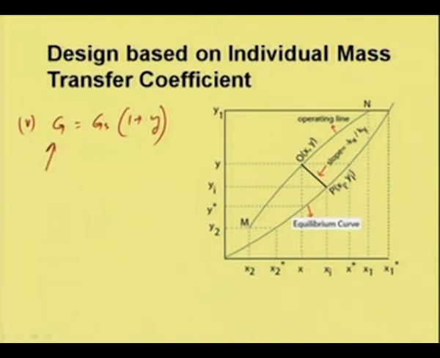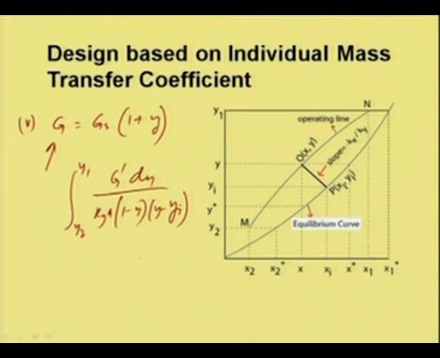We will come later to how to calculate the area under the integral, that is from y2 to y1 g dash dy by k y a 1 minus y minus y I. So, we will come with an example to calculate this.